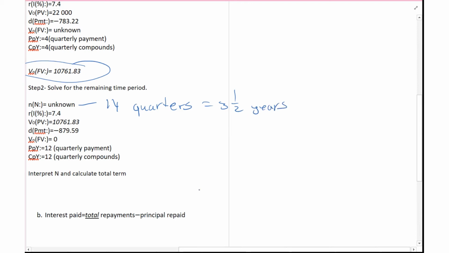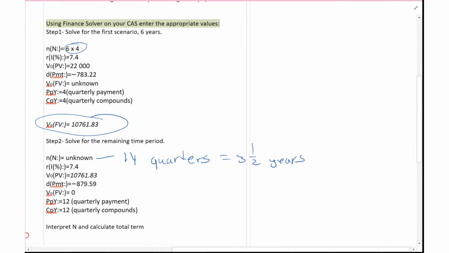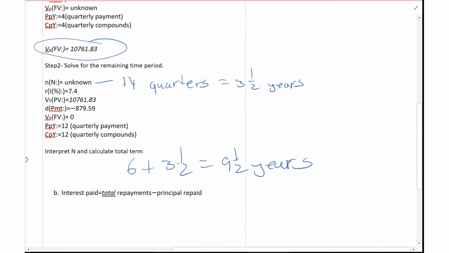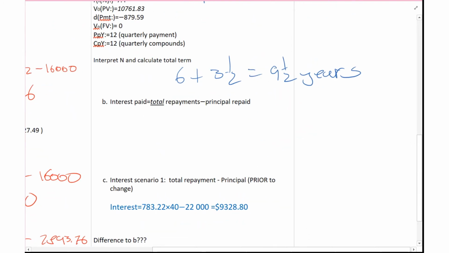All right, so I've had 6 years there. So it's 6 plus 3.5. So I'm going to be 9.5 years. Interest paid equals total repayments minus principal.